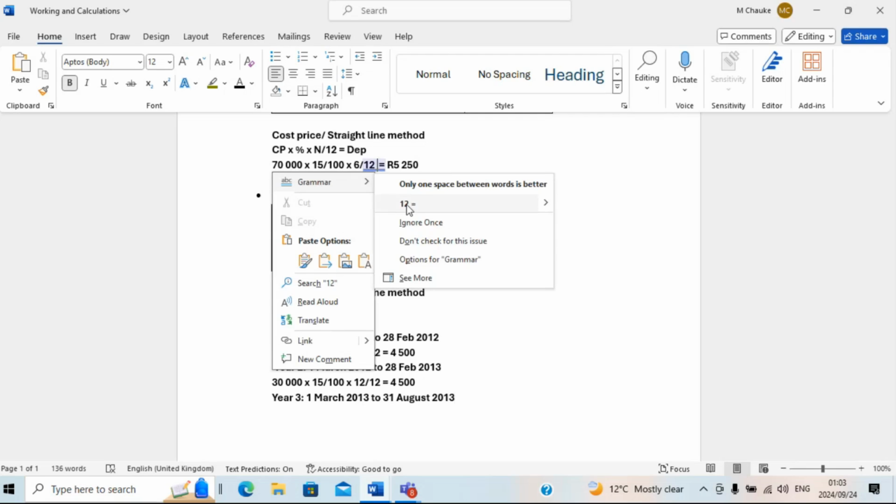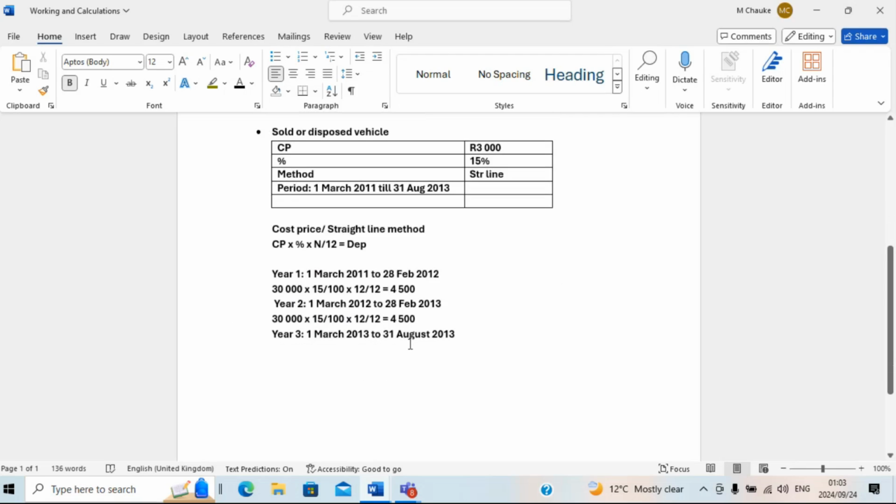So we cannot include September when calculating depreciation, just to repeat and emphasize this.